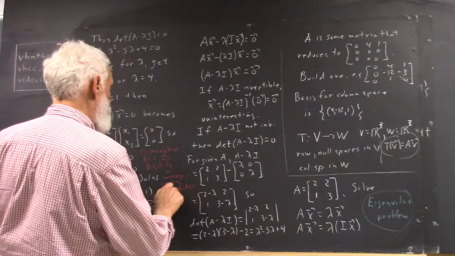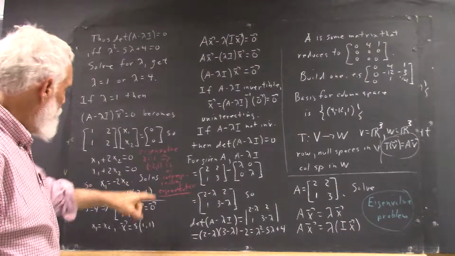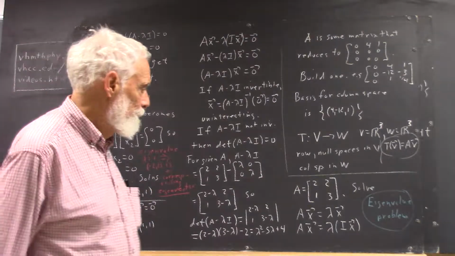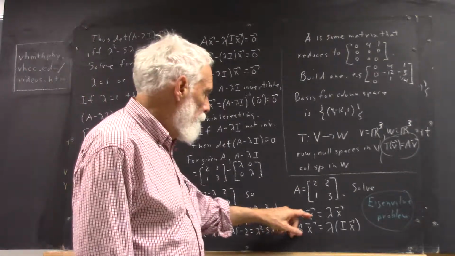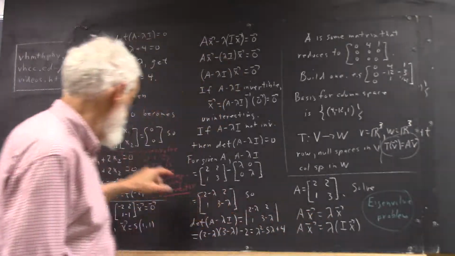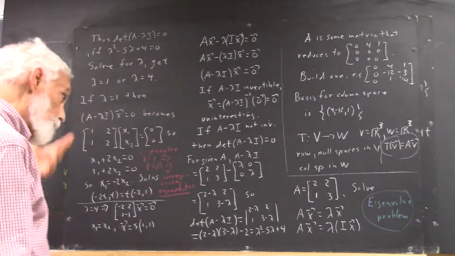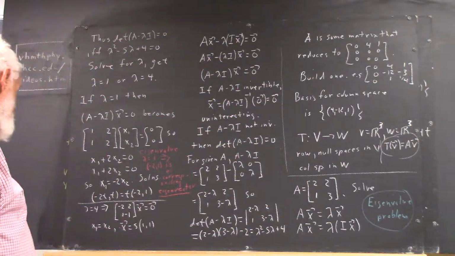That would be an eigenvector that has eigenvalue 1, meaning that negative 2, 1 is a vector such that A times that vector is lambda, the eigenvalue 1, times negative 2, 1. And you can check that out.